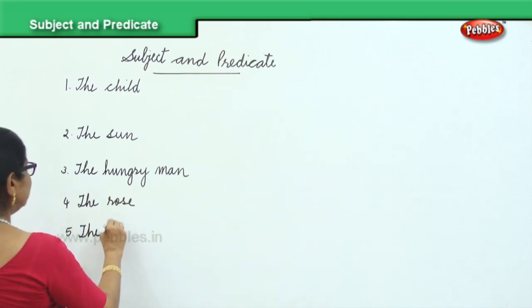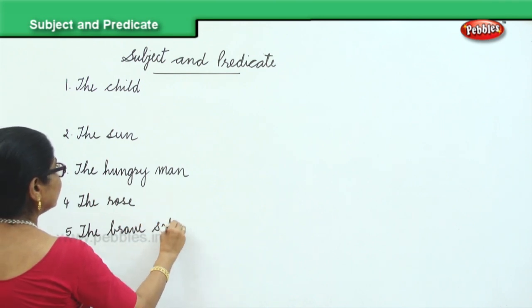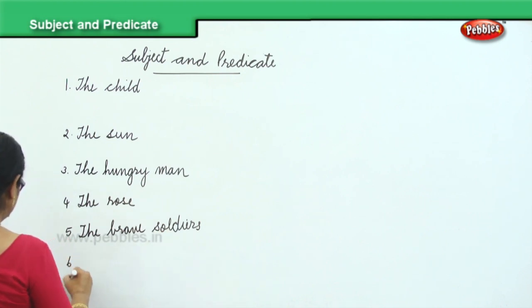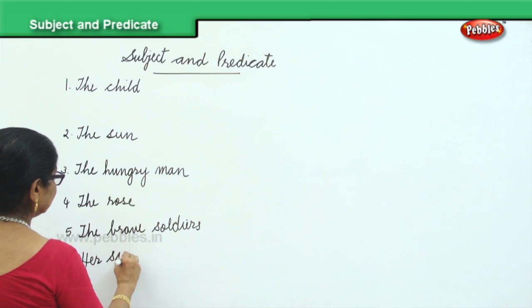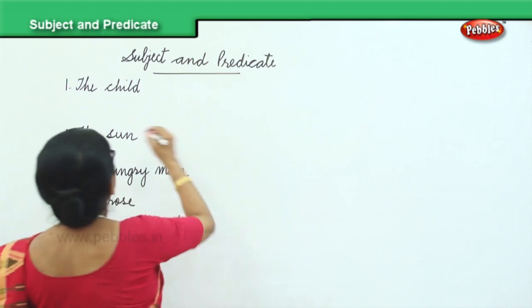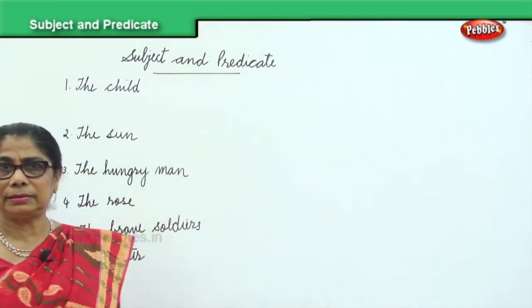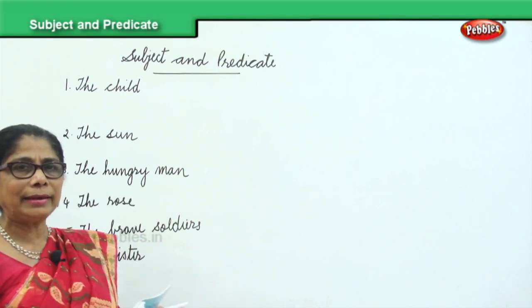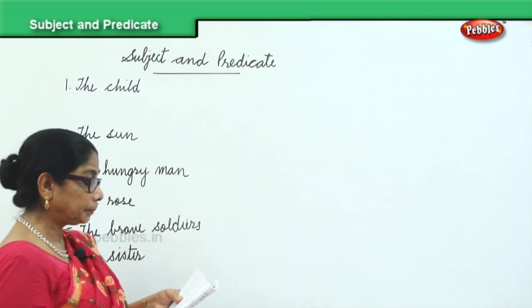The brave soldiers. And finally, her sister. Now here I have one part, that's a subject, and I'm going to put the predicate, and you choose the correct ones and form sentences. Okay?